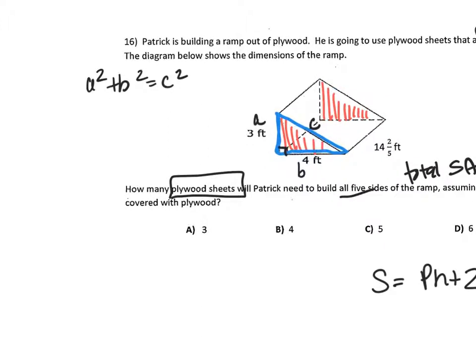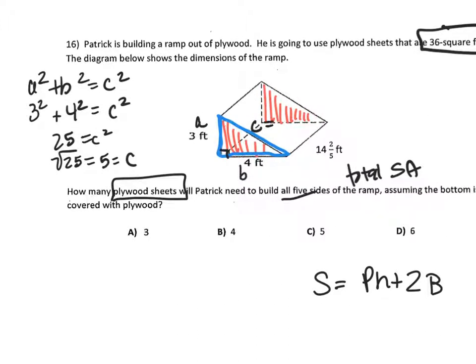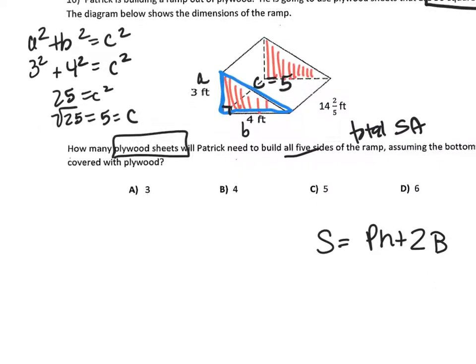Throwing it back. So 3 squared plus 4 squared equals C squared. So 3 squared plus 4 squared is 25. And if we take the square root of 25, we get 5. Okay, so that missing length we didn't have was 5.